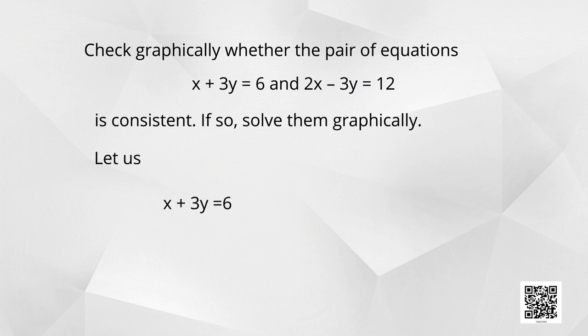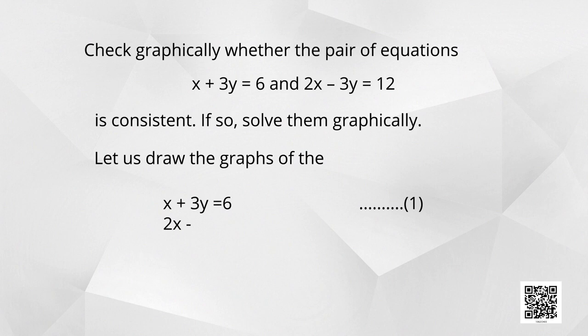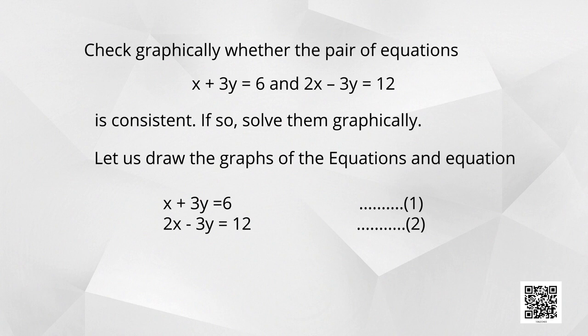Let us draw the graphs of equation 1, that is x plus 3y equal to 6, and equation 2, that is 2x minus 3y equal to 12. For this, we find two solutions of each of the equations.